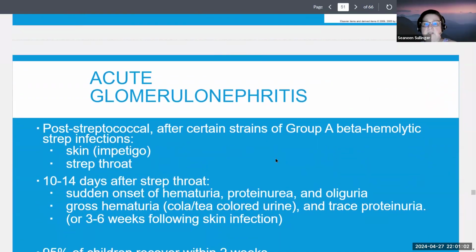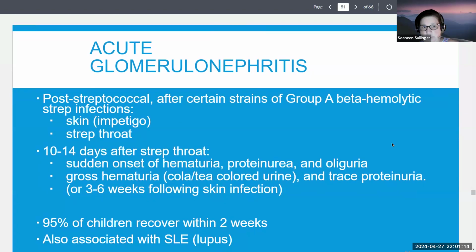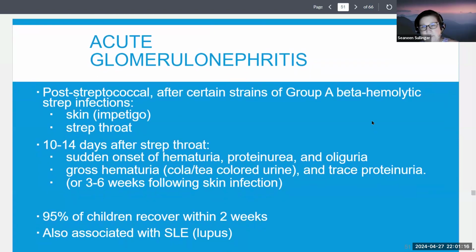So acute glomerulonephritis, which is something that would happen quickly, would be post-streptococcal. So after certain strains of group A beta hemolytic strep infections like impetigo or strep throat, usually within about 2 weeks, you'll see hematuria, so blood in the urine, proteinuria, protein in the urine, and oliguria, decreased urine output.